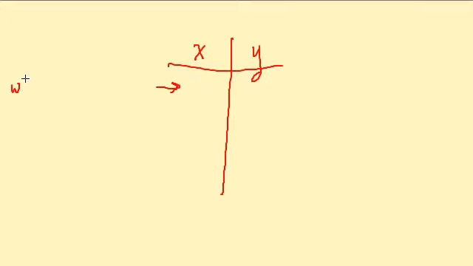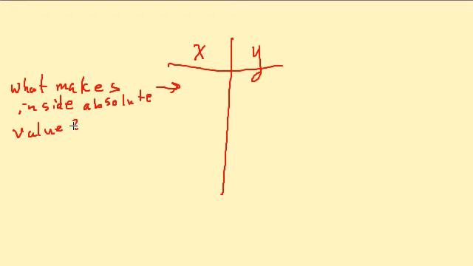So just remember, when you're graphing absolute value, you have your xy table. The first value you pick is what makes inside the absolute value 0.